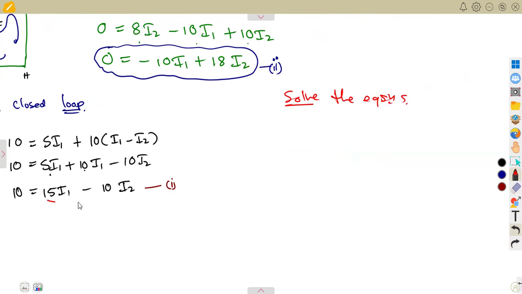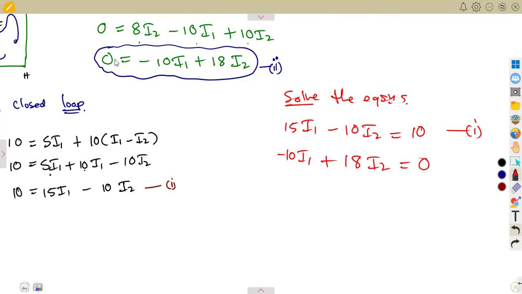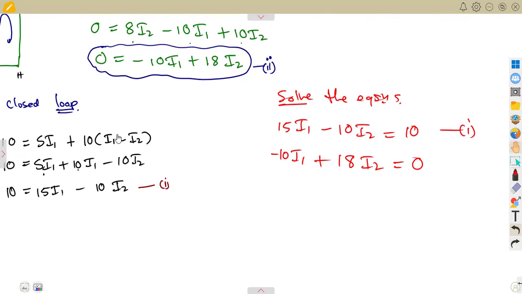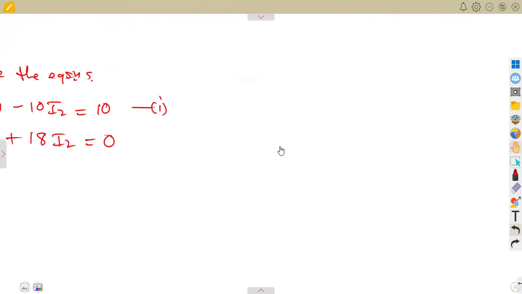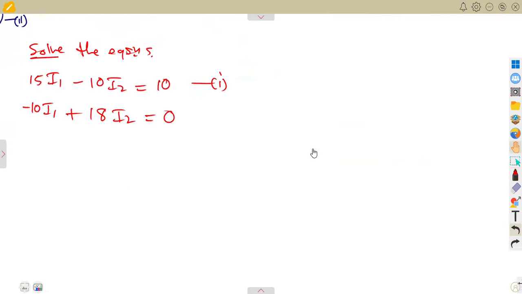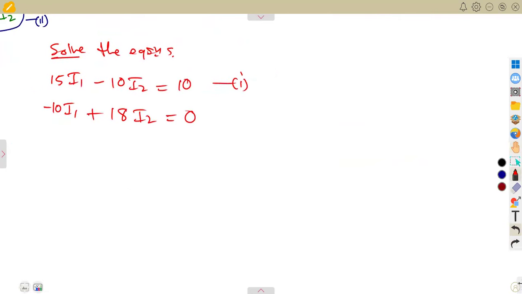Remember the equation 1: 15I1 minus 10I2 is equal to 10. Then from equation 2: minus 10I1 plus 18I2 is equal to 0. So these are the two equations that you are going to solve. By solving these equations, you're determining current 1 and current 2.